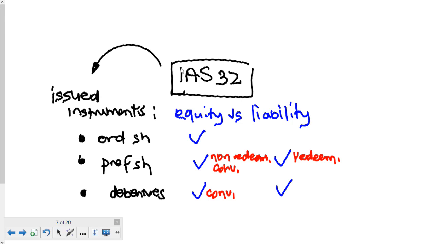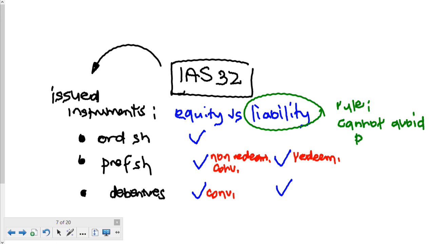The rule is that if the company cannot avoid paying cash, then it is a liability. If the company cannot avoid paying cash, then it is a liability.